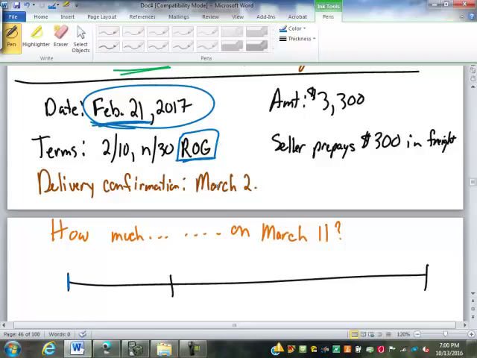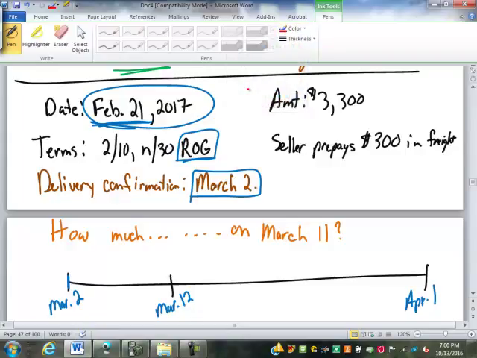What do we use? March 2nd. So that means the end of our discount period is March 12th, 10 days. And then, of course, April 1st is the end of our 30 days for that credit period.